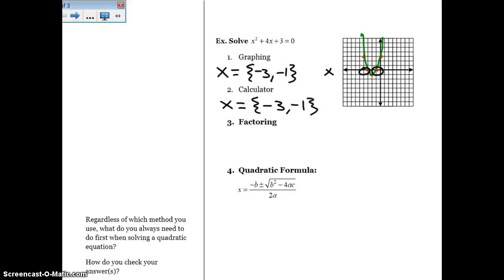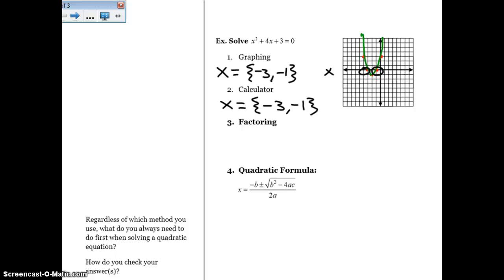And remember factoring from last unit? Factoring is another way that you can solve a quadratic equation. So this is my least preferred method, but on the SOL you might be asked to answer a question that's related to solving by factoring. So I want you to know what to look for.